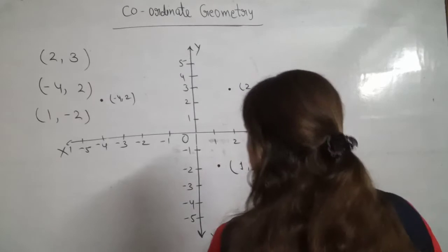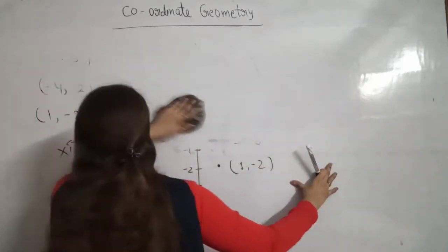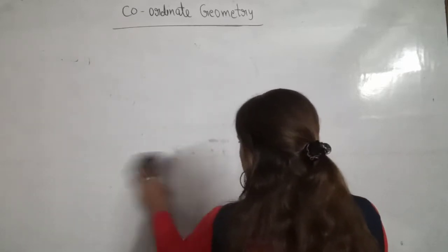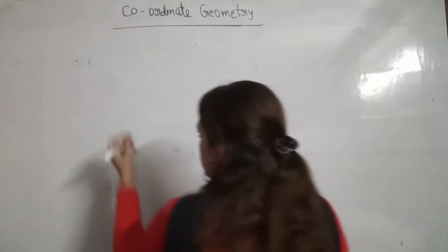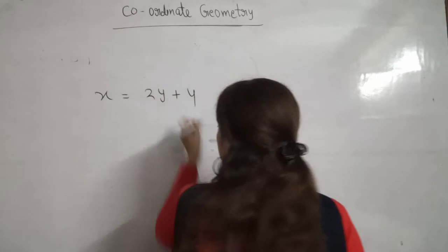Now the next topic is dependent and independent variables. What are dependent and independent variables? Suppose we have a linear equation, x is equal to 2y plus 4.